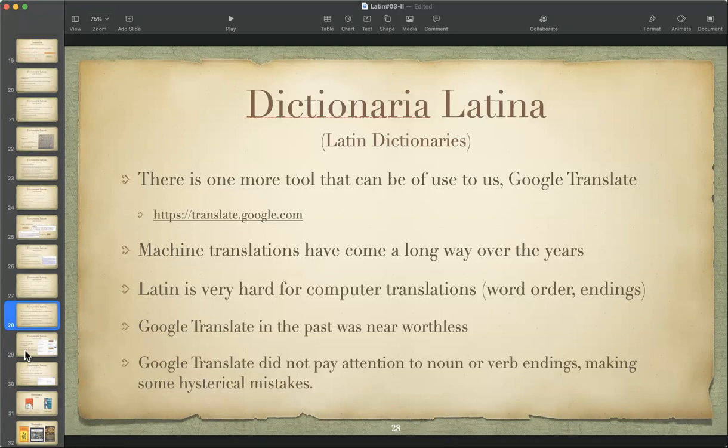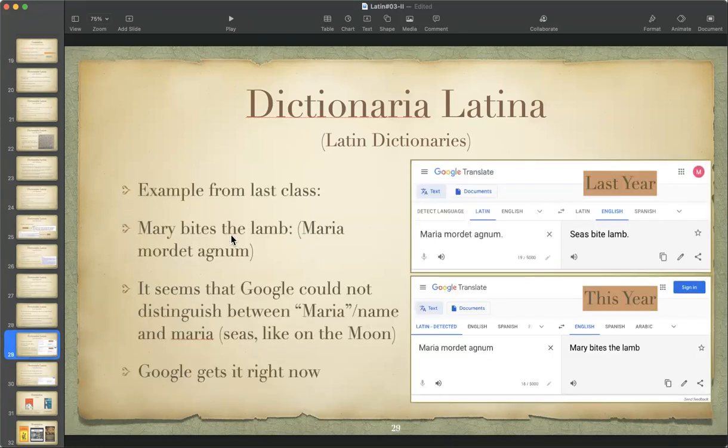But, oh yeah, this is from last class. So Mary bites the lamb. Maria mordet agnum. So I put this in Google Translate. This is last year. Okay, this one up here. And it says "sees bite lamb." And you look at that and you go, no. Well, okay, now to be fair, Maria is a name of the Blessed Mother, but Maria, slightly different accent there, is the plural for the seas.